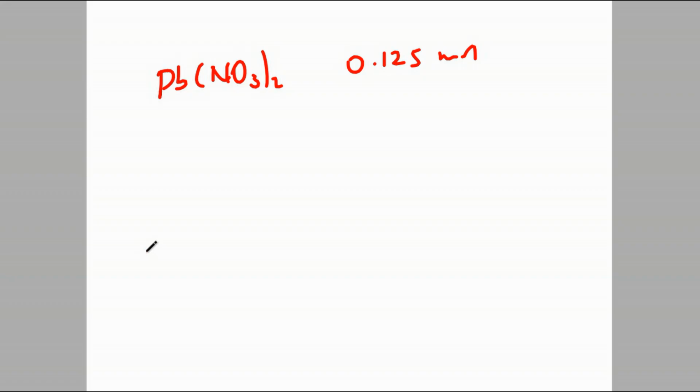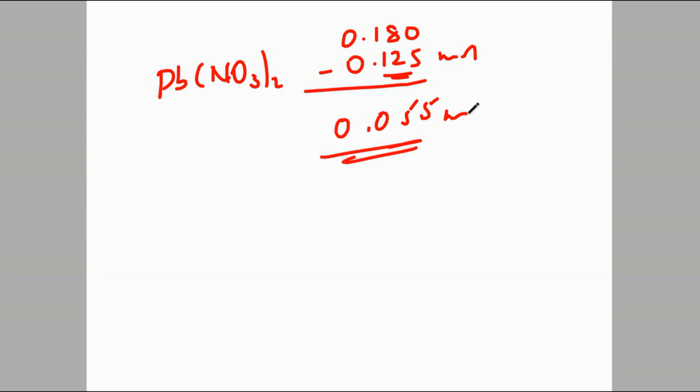But how much lead 2 nitrate do I have at hand? 0.18, right? So this is the amount that completely reacts with 0.25 moles of sodium chloride. And this is the amount that I have at hand. Okay? So the difference is what remains unreacted. So if you subtract this, 0.055.